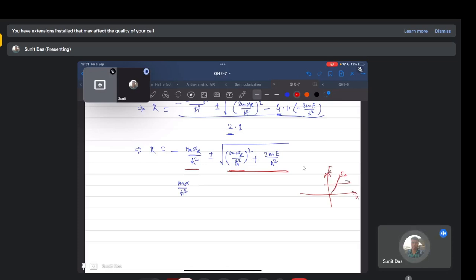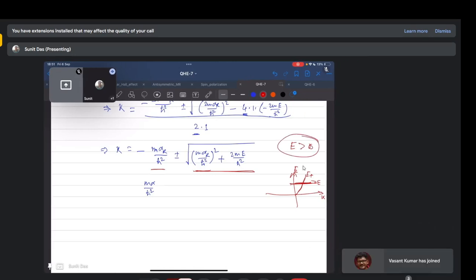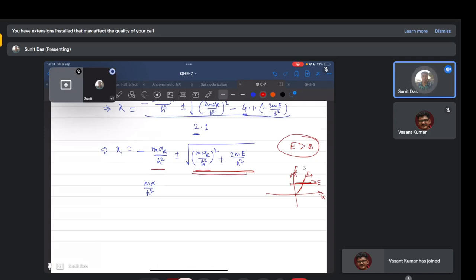So E has to be positive, so E is somewhere here, let's say. So then E is positive, and this term is going to be greater than this term, because everything is positive inside, and this term is already there.